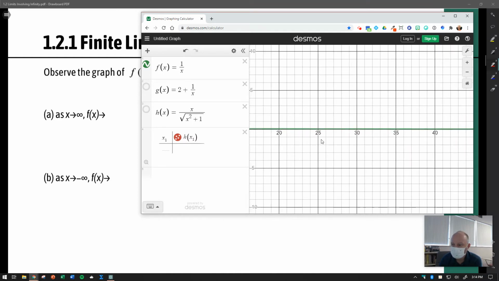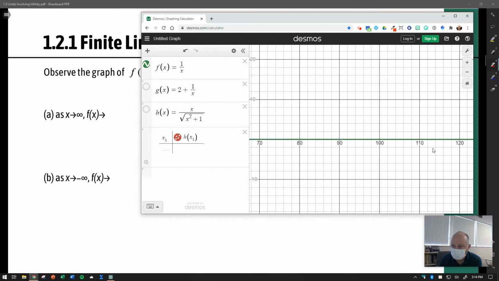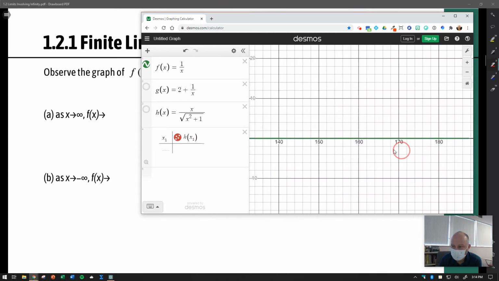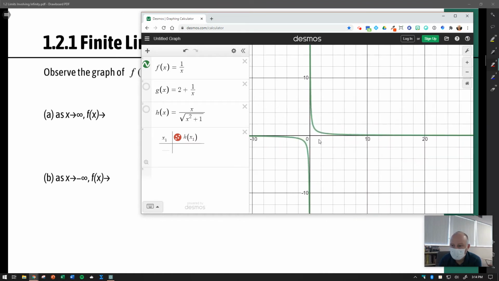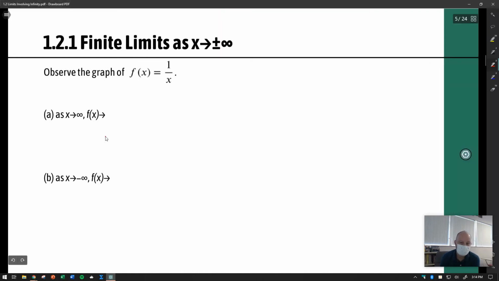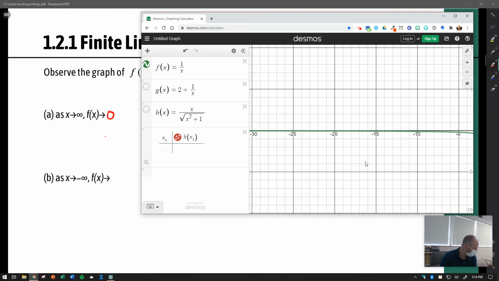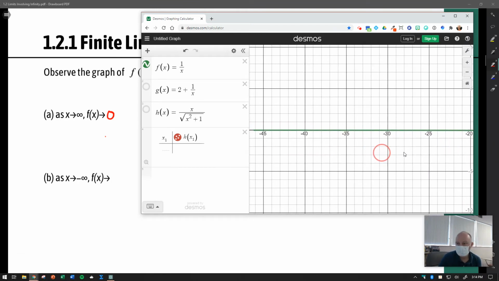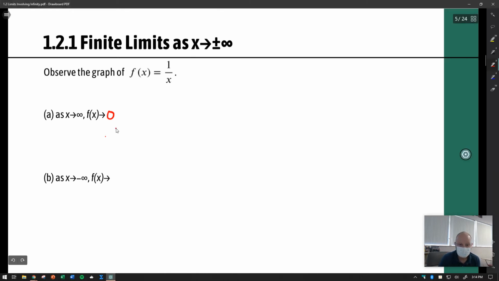We can even zoom out quite a bit, and this function is leveling out, flattening down right at 0. So as x goes very large, f of x tends towards 0. As x goes toward negative infinity, I think we see kind of the same story. Yeah, that flattens out, doesn't it? So this goes towards 0 as well.